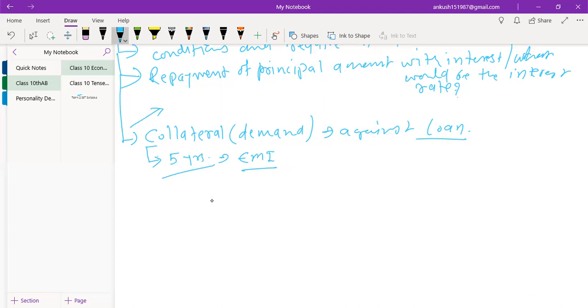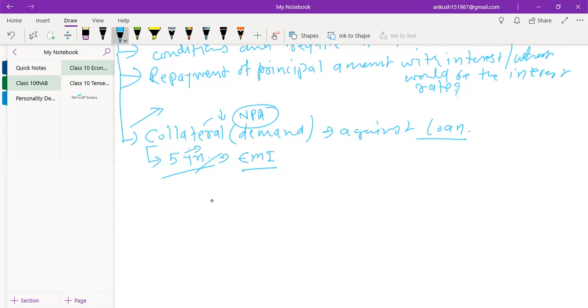But suppose the borrower is taking much time to repay it, the value of collateral may be depreciated. Understood? Have you got the point? So there is a term NPA, that is non-performing asset, whenever you are not paying your loan on time.